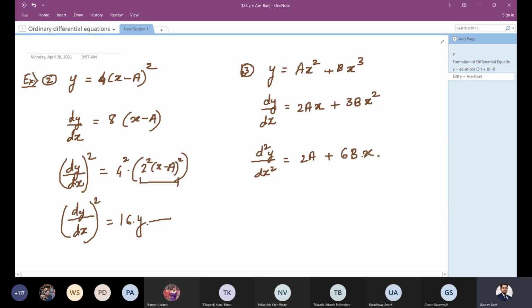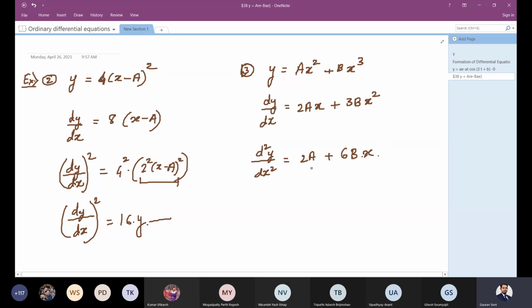So how can we eliminate the arbitrary constants? You give the idea, no need to solve it. If you have any idea, anyone. Sir, can we put the first 2a value equals to d square y by dx square minus 6bx in the second equation? Yes, exactly.